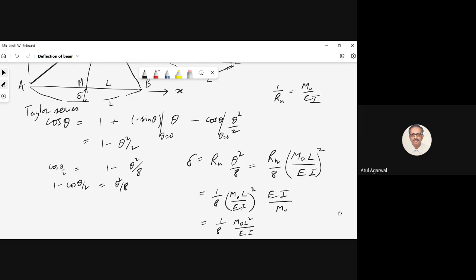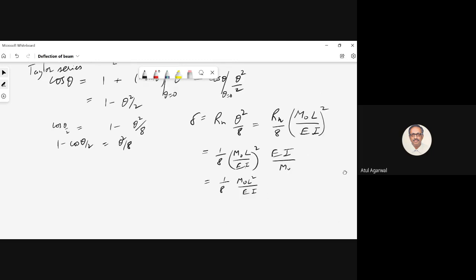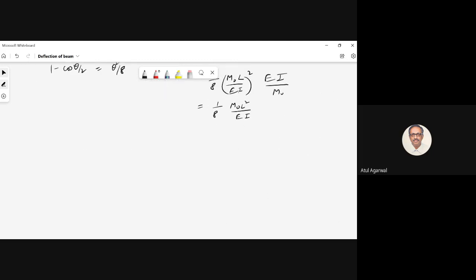There are many ways of finding this deflection, so I am going to the other method, which is simple. 1 by R I had found was equal to m naught by EI. Now there is one more thing. What is this 1 by R?